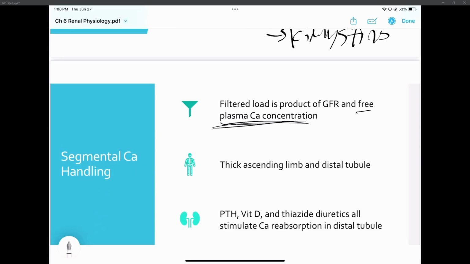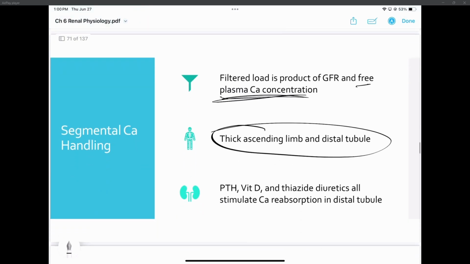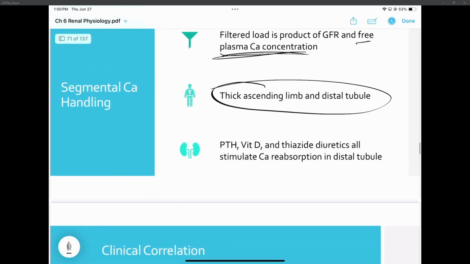Same thing with magnesium, the thick ascending limb and distal tubules are where calcium reabsorption occurs. And because of that, obviously we know PTH and vitamin D play a role. Thiazide diuretics will stimulate calcium reabsorption in that distal tubule as well. So thiazides will have a role with calcium a little bit as well.